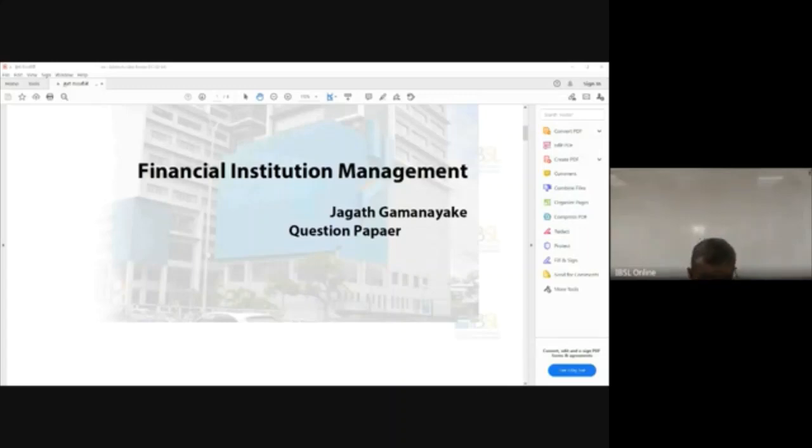There are 6 financial companies suspended or cancelled their license by the Central Bank during 2019-20. During these 2 years, 2019 and 2020, there are basically 6 finance companies cancelled. What are these 6 companies?